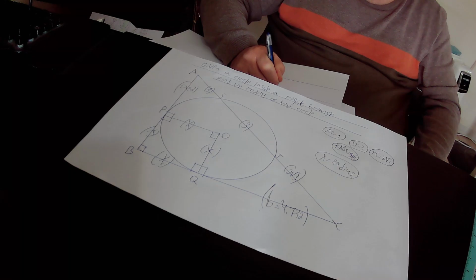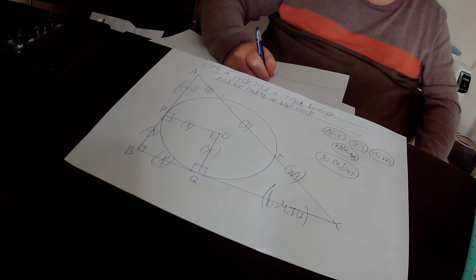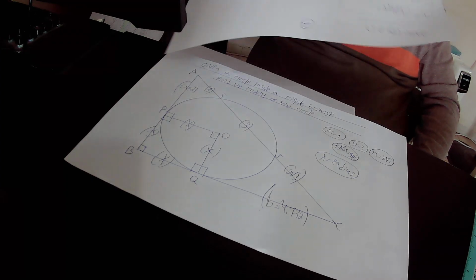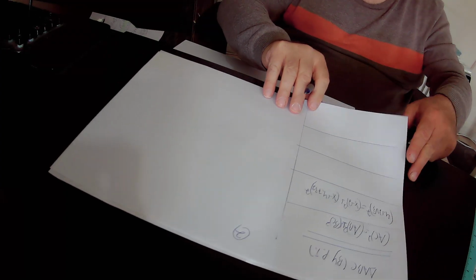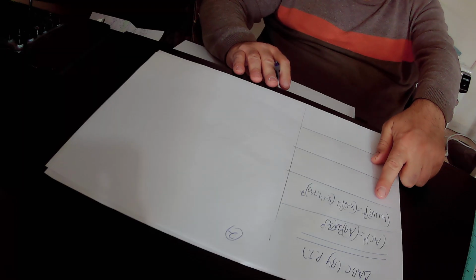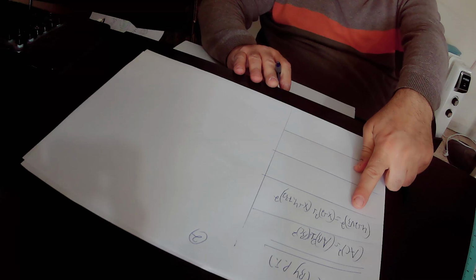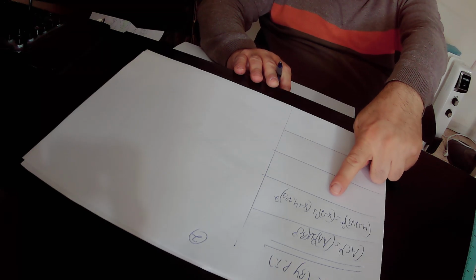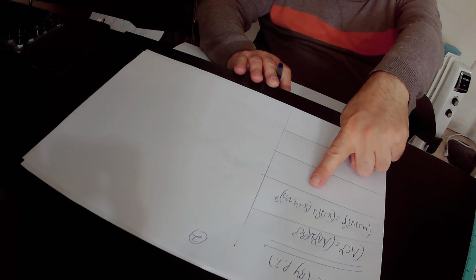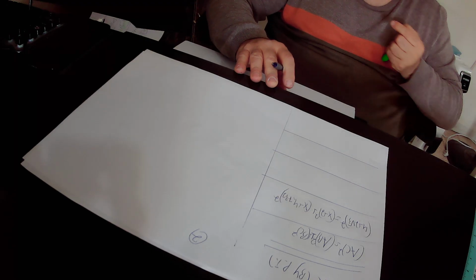Therefore, BC squared will be equal to (x plus 4.732) squared. So in conclusion, we found out that (4 plus 2 times square root of 3) squared equals (x plus 2) squared plus (x plus 4.732) squared.